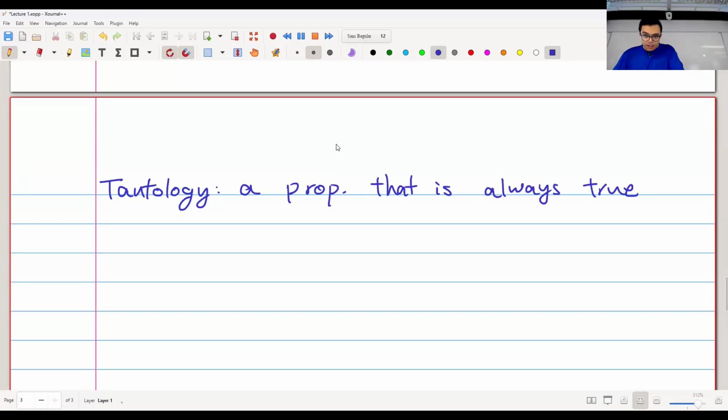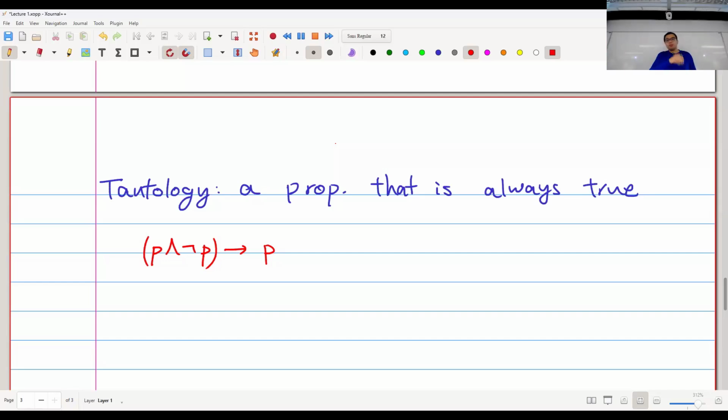So here's one example. It's a very strange example. P and not P implies P. Now, think about what's happening here. P is some atomic proposition.